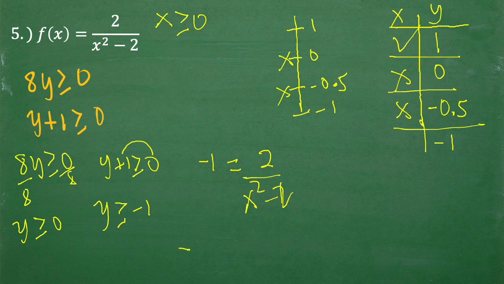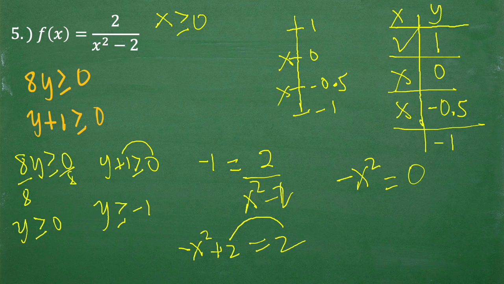Okay, so the same, negative x squared plus 2 equals 2. And then move this to the other side. We have negative x squared equals 0, and then divide both sides by negative 1. So x squared is equal to 0 divided by negative 1, which is 0. And if we square root 0, it's also 0. So we have an answer for this one.